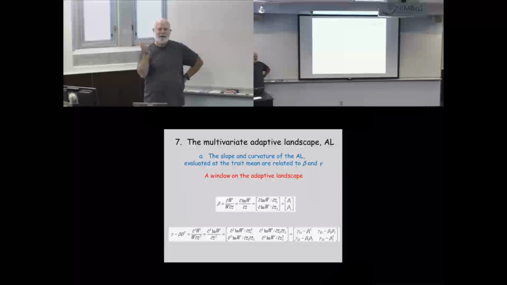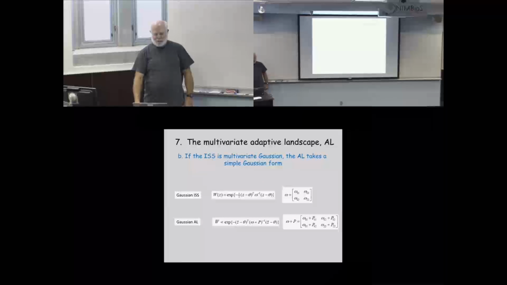Well, that's not true. I mean, we can't see the whole adaptive landscape, but we can know about its first and second derivative at the trait mean, and that's more than nothing. Boy, there's a weak statement. Okay, but it's a lot more than nothing.